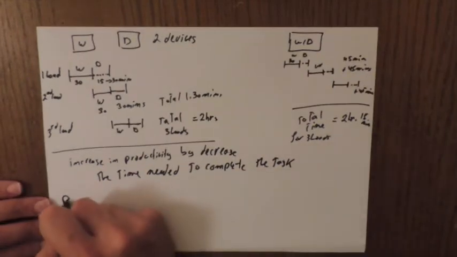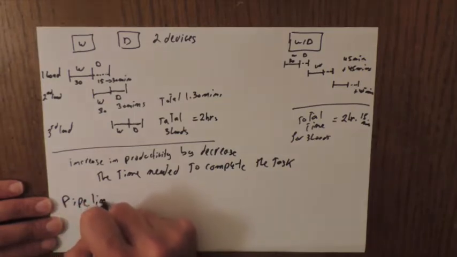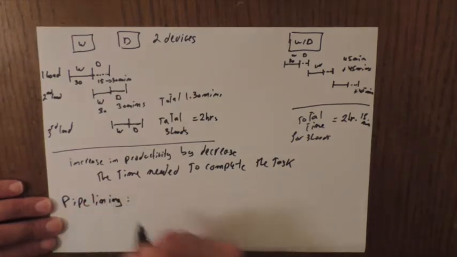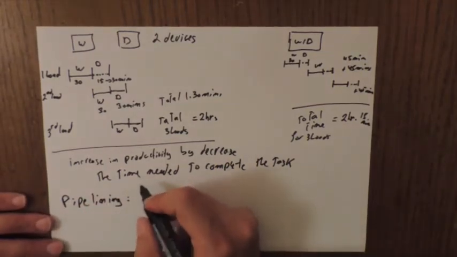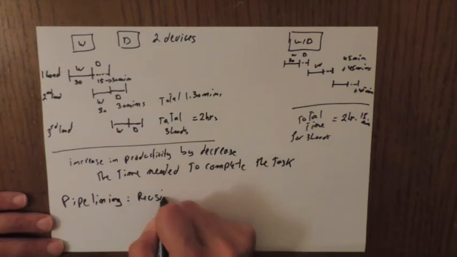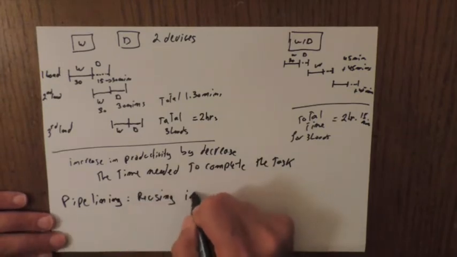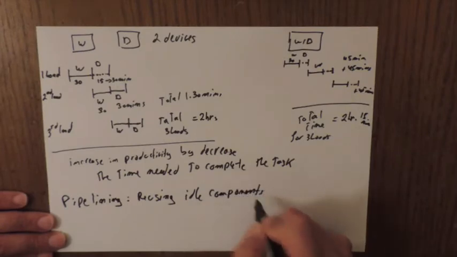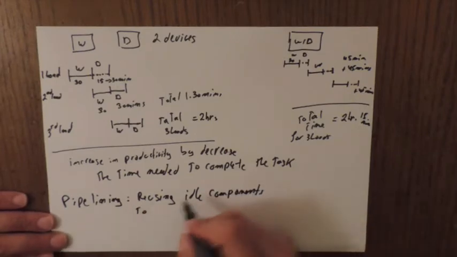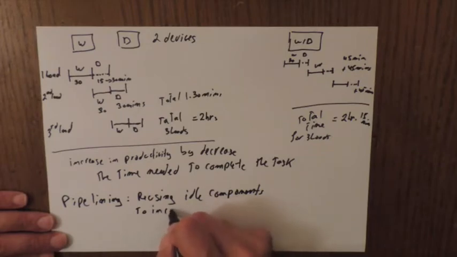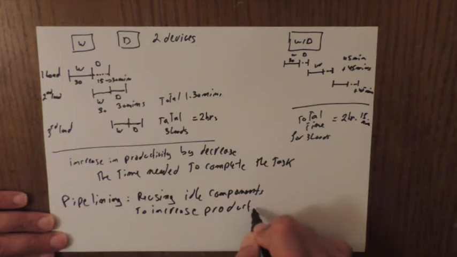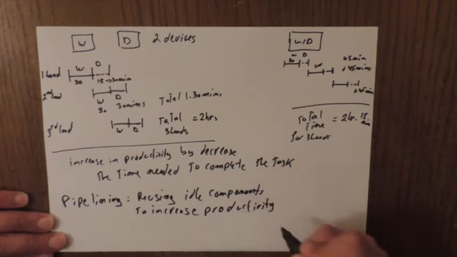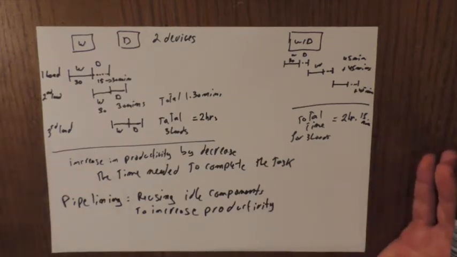So this is called pipelining, which is reusing idle components to increase productivity. So this is the washer dryer example.